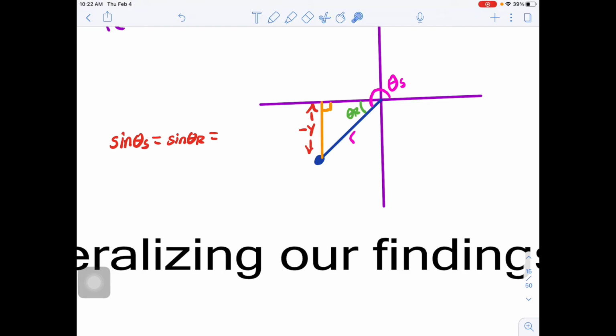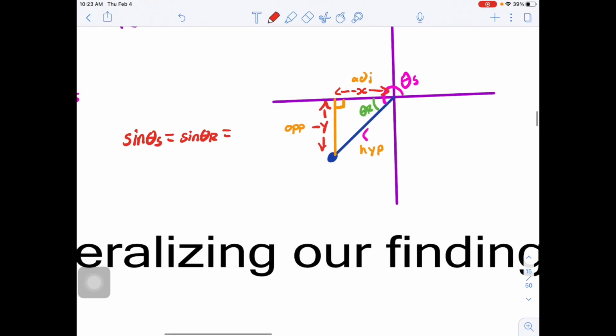And then our hypotenuse is R, so we can maybe plot this down. This is our opposite side. This is our hypotenuse. This would be the adjacent. And at this point, hopefully you can see that this is also a negative x. So we can start noting this down. Again, sine is opposite, so negative y over hypotenuse, r. So hopefully you can see sine is a negative value.